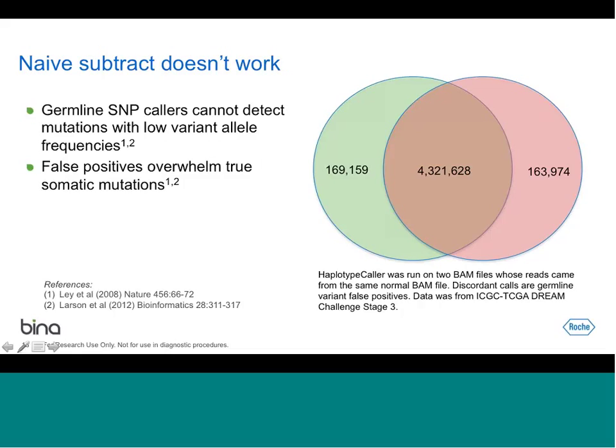When we run HaplotypeCaller on the two files, they have over 95% concordance. But you do have about 160,000 variants that occur in only one file, but not the other. And all of those really are germline variant false positives if you're looking for somatic mutations. The reason is simply that germline SNPs outnumber somatic mutations by orders of magnitude, and so even a low level of false positives would overwhelm your true signals.